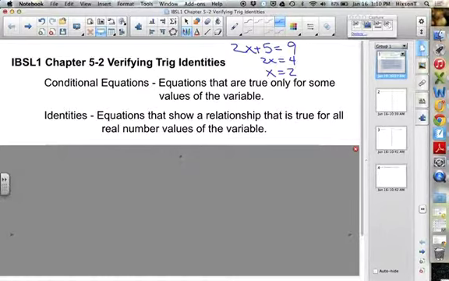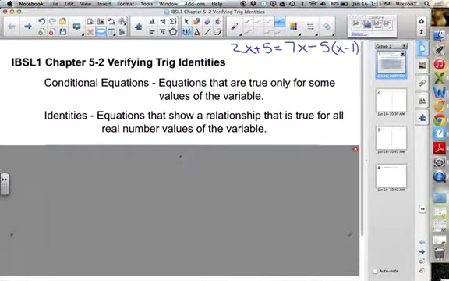However, I could have an equation like this. I could have 2x plus 5 equals 7x minus 5 times the quantity x minus 1.